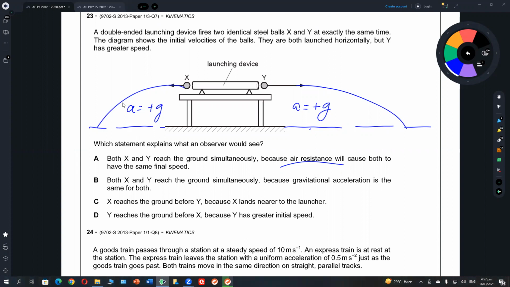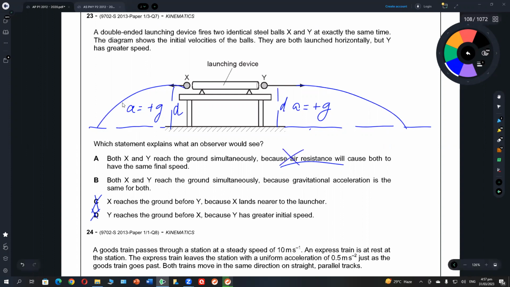But the vertical will be the same. Vertical is the same, so time should be the same because they both are traveling the same vertical distance. Y reaching before X, this is wrong, because vertical distance is the same, so time would be the same.